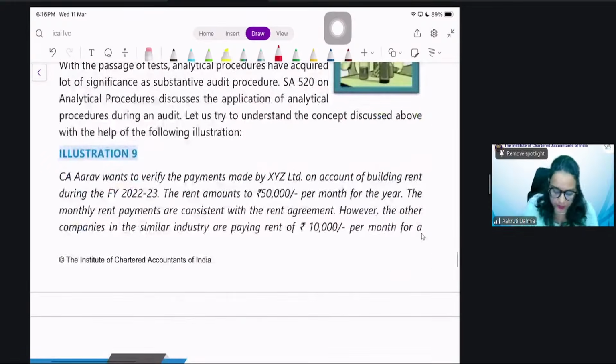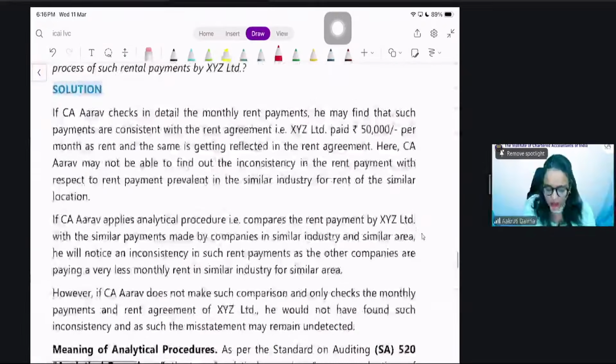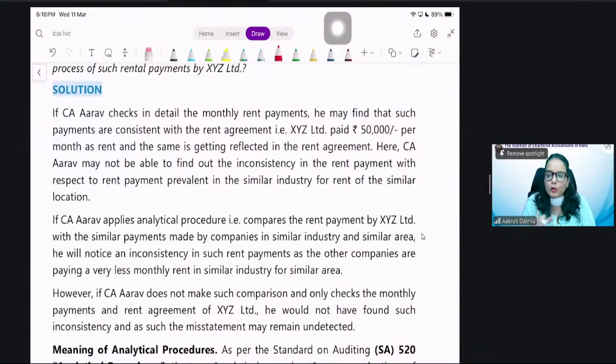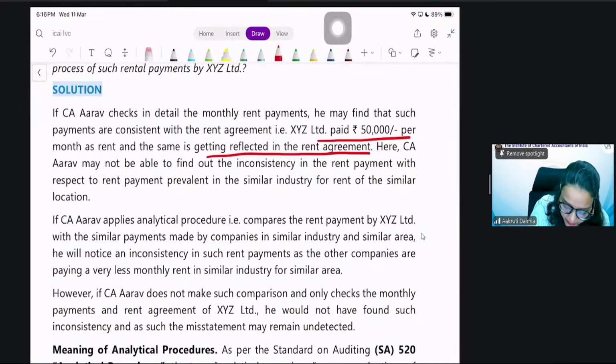So CARF wants to verify payments. Can you see? I have given you this example. I have explained it to you like a story. Rent is 50,000 rupees. Rent agreement as per it is 10,000. So how do you write it? If CARF checks in detail, he may find that payments are consistent with the rent agreement and the same is getting reflected.